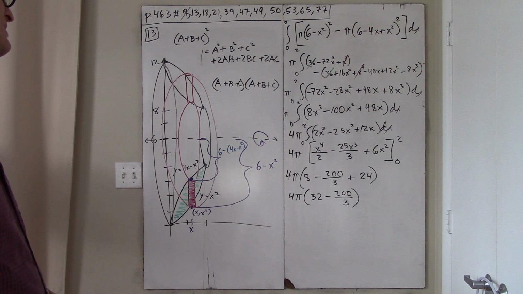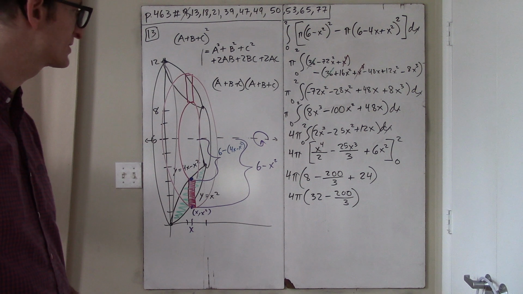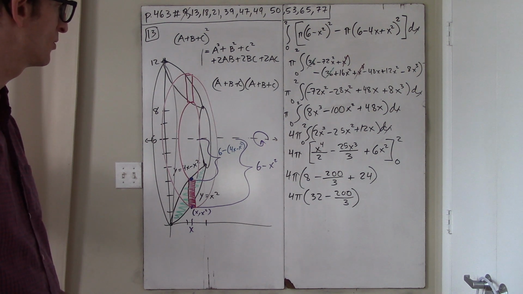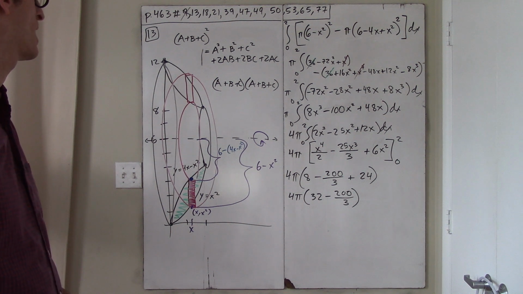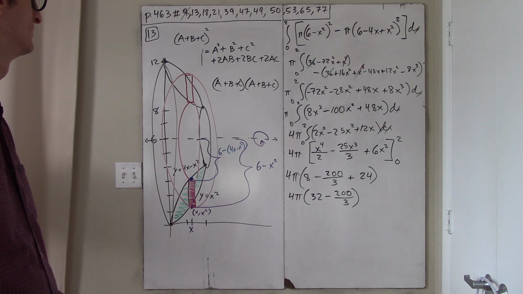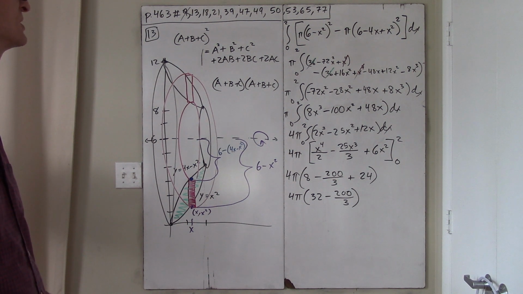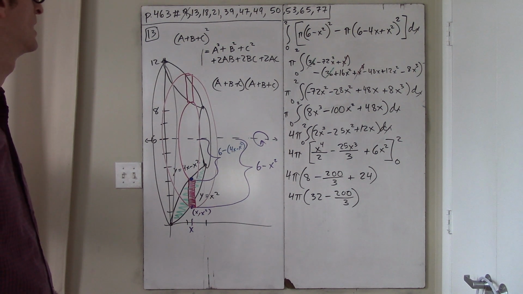Maybe 8 times 25, 8 times 25 is, yeah, 4 times it was 200. So, why is this wrong? I hope it's just some kind of simple sign error.